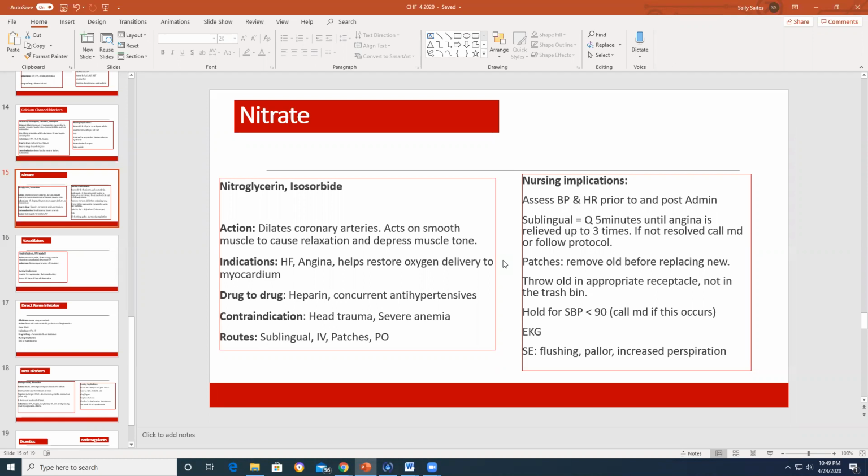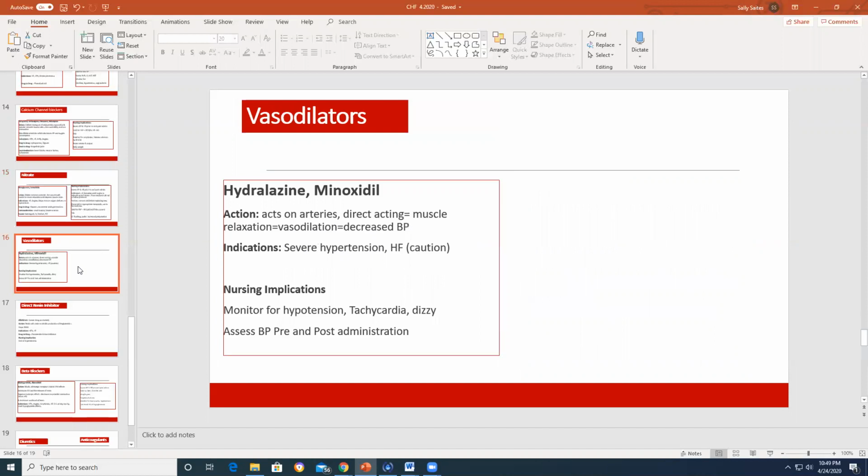So we want to dilate the coronary arteries to get a nice, slow, but more oxygenated blood flow into the heart, and that will help with the oxygen demand in the heart and decrease the angina.